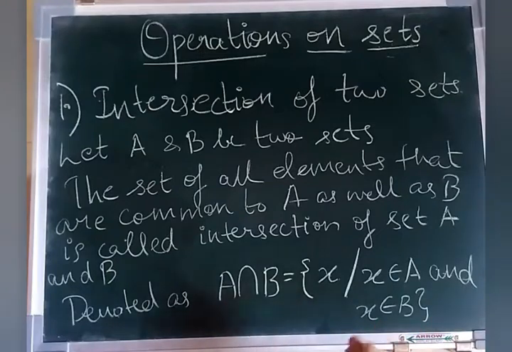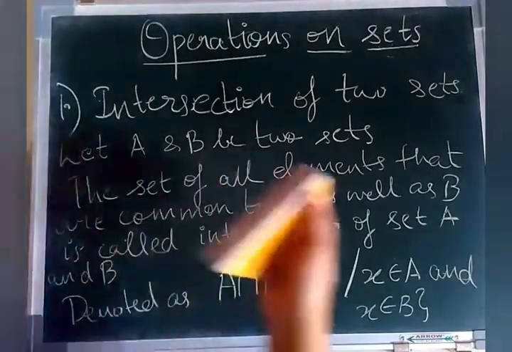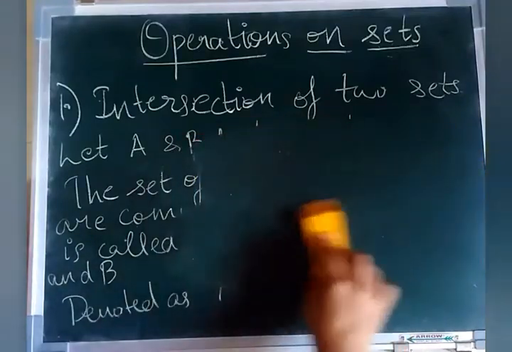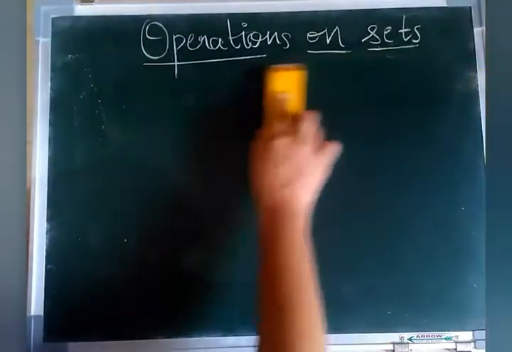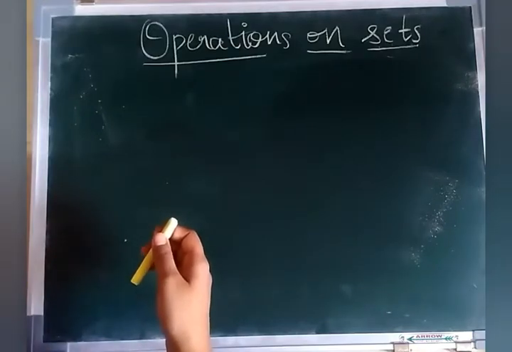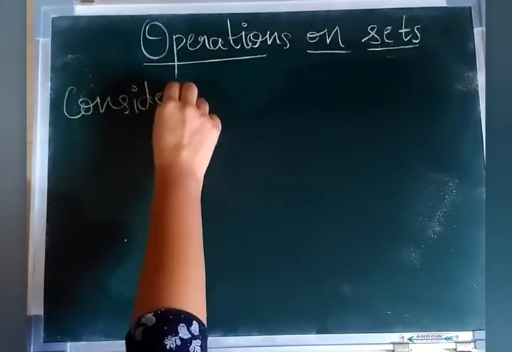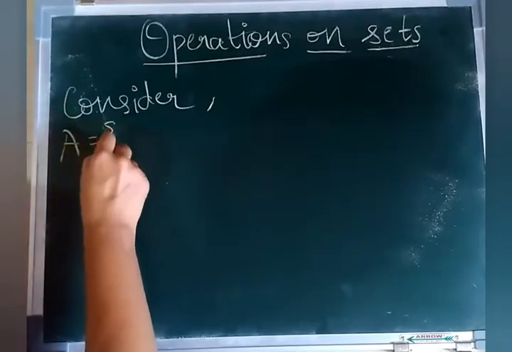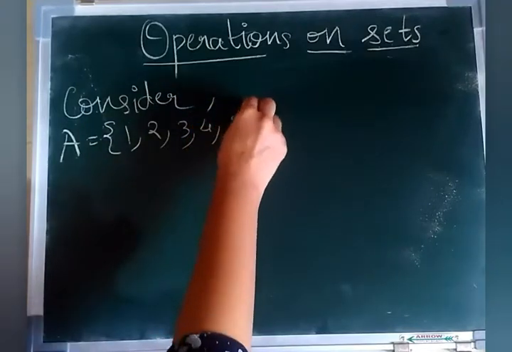Now we will take two examples so we have a clear idea about it. Consider set A equal to 1, 2, 3, 4 and 5.